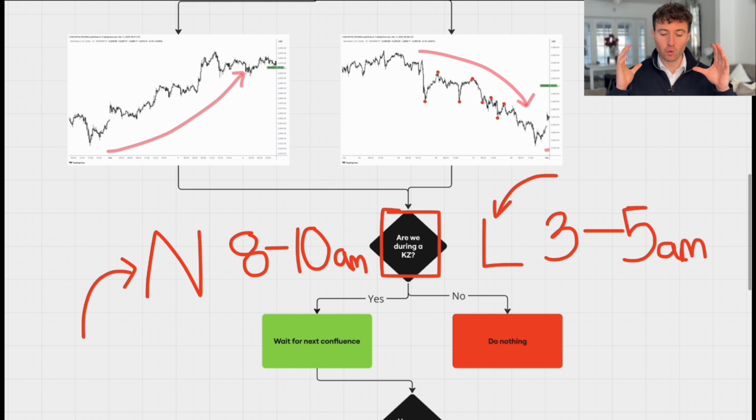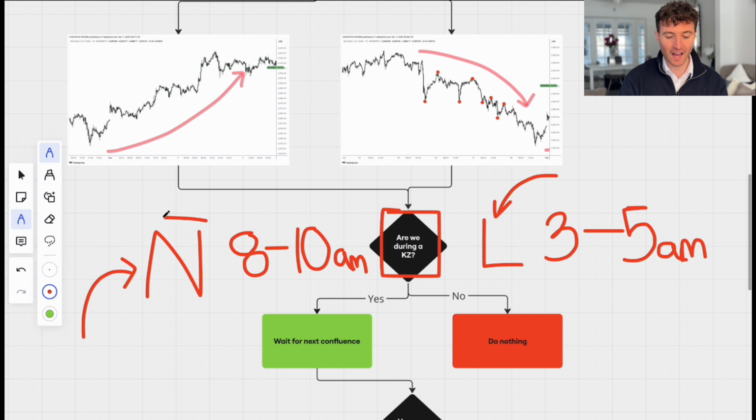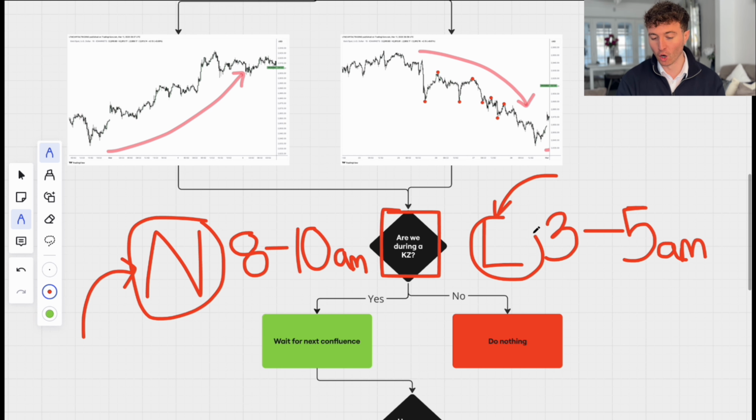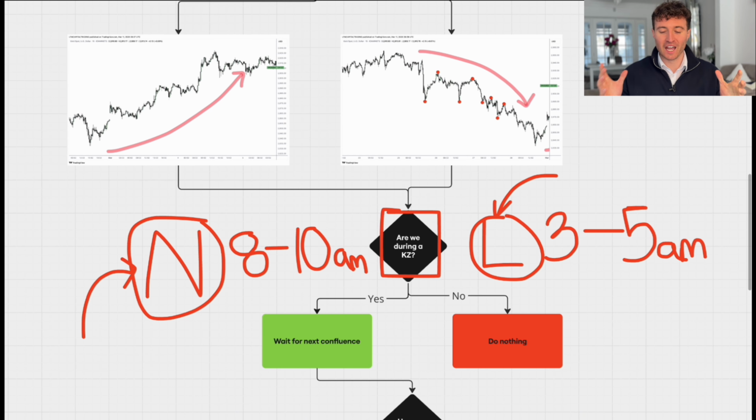Whether you want to sit down at one of these sessions or both, I think it's very important to set a specific time window that you can sit down and trade. Because what a lot of people do is they might execute a great trade during the New York session, another great trade during the London session, but then they get to the Asian session, start overtrading a session they maybe shouldn't be trading, and end up giving back a lot of the gains.